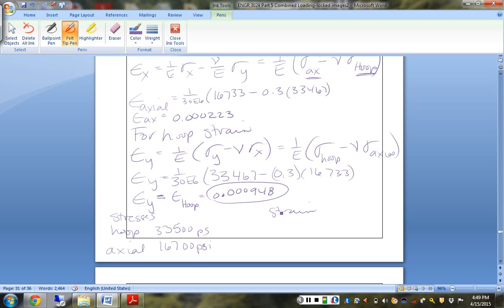You remember what those blue boxes read out in? Microstrain. So this is 223 microstrain. And the other is 948 times 10 to the minus 6, which is also 948 microstrain. There you have it.